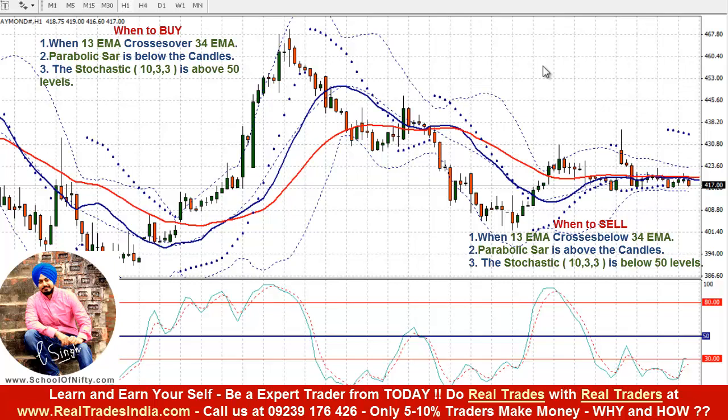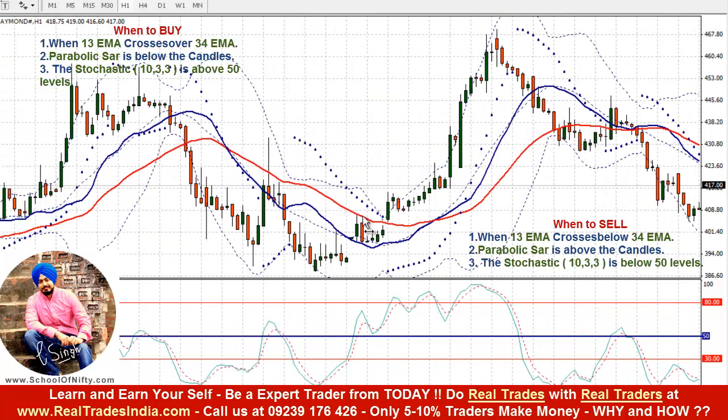A few points which again can be noted: you buy when the 13 EMA crosses above the 34 EMA, the parabolic SAR should be below the candles, fine, and the RSI and the stochastic, with the values of 10, 3, 3, should be above the 50 region, fine, number one.